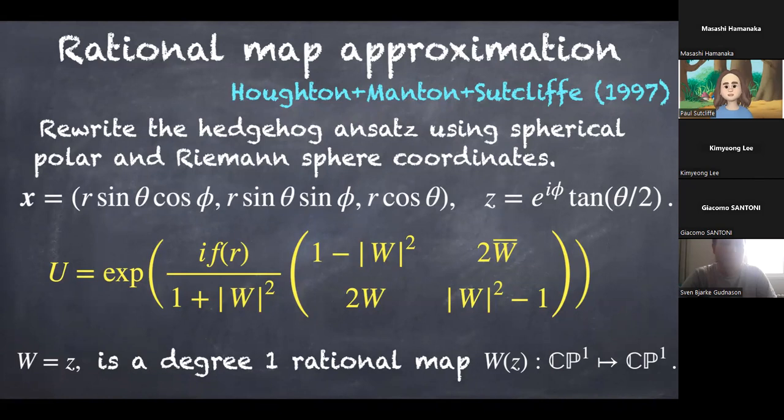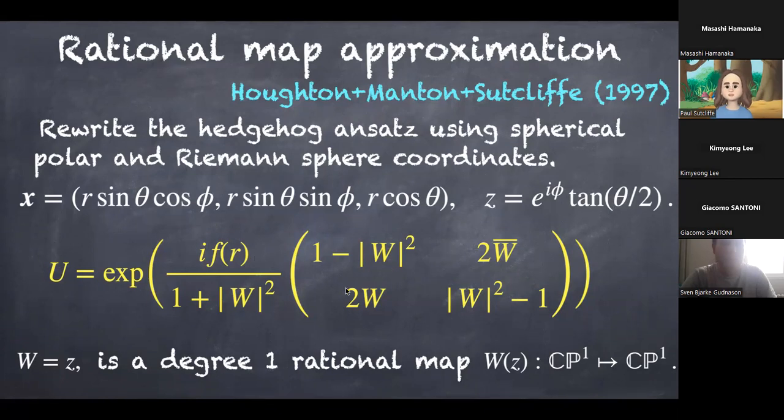If I use these new variables, r and z, I can write down the same hedgehog ansatz that I wrote down before, but now it looks a bit different. You see it's exponential of something. You can recognize there's an f of r, here's the profile function I had before.